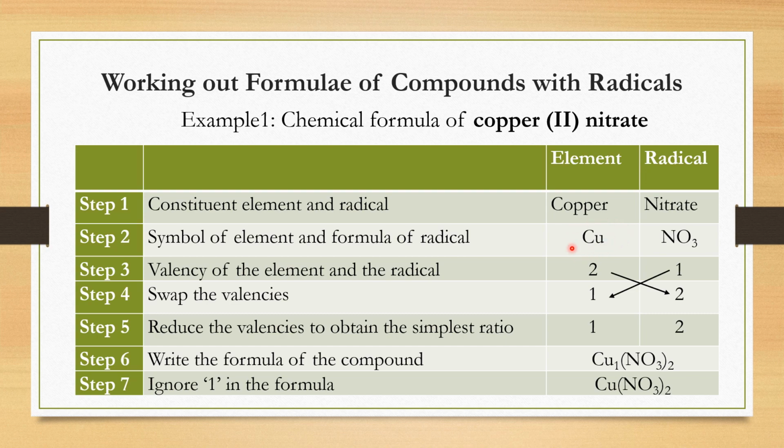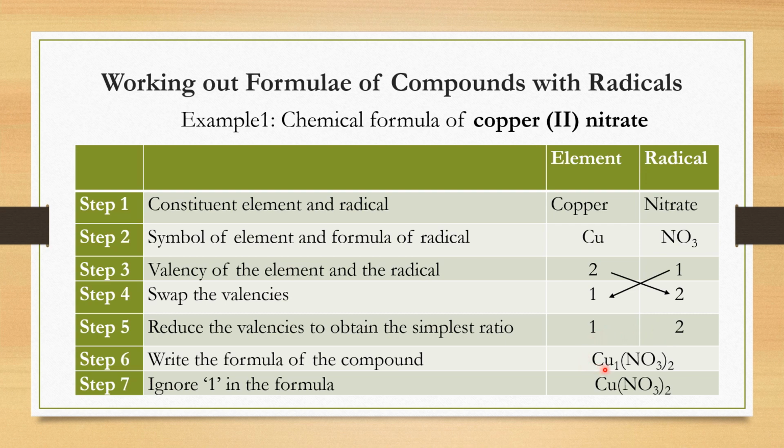Recall, copper has two valencies, which are 1 and 2. In copper 2 nitrate, the valency of copper is 2. Nitrate has formula NO3 and valency 1. On swapping valencies, the ratio of copper atoms to nitrate radicals is 1:2.